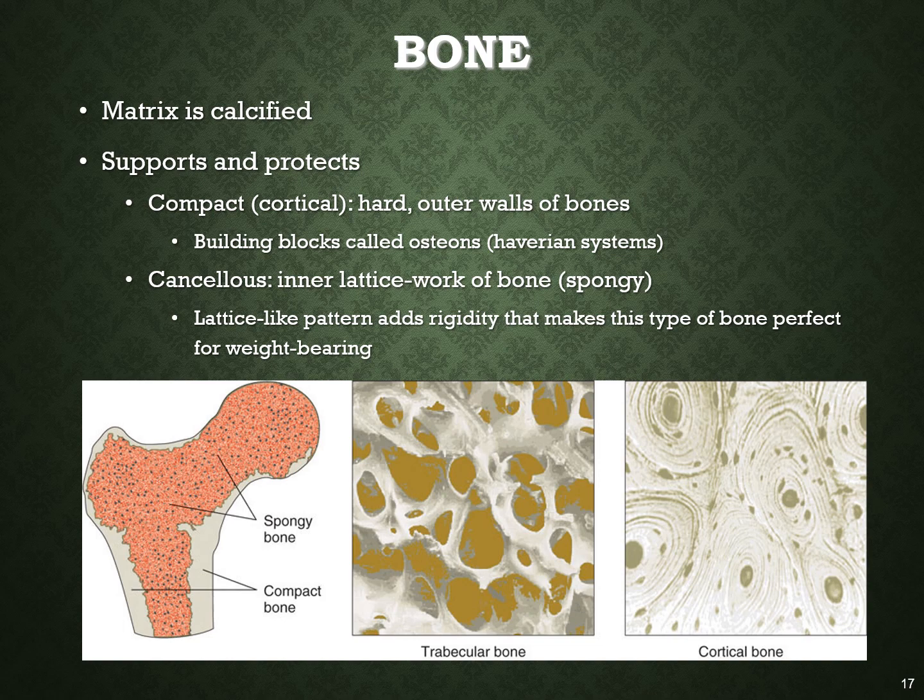Cancellous bone, on the other hand, has this inner lattice work pattern or almost appears to look like a sponge, and that's the image that's in the middle, an example of what spongy bone would look like. Now the lattice-like pattern helps to add rigidity to the bone, and this makes this type of bone perfect for weight bearing.